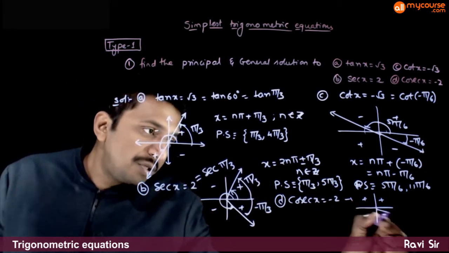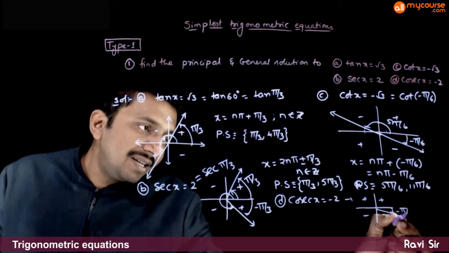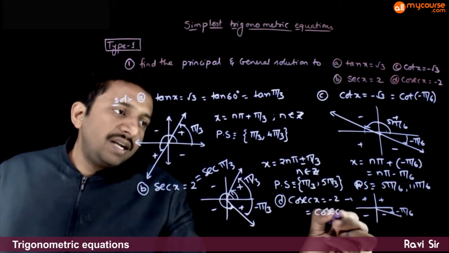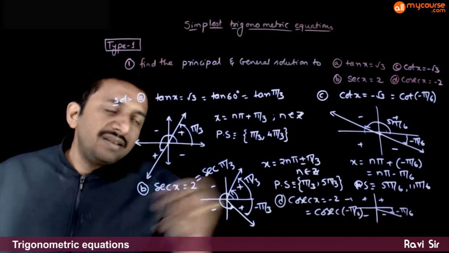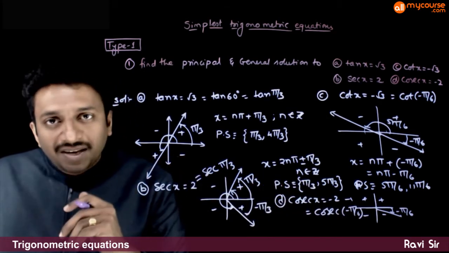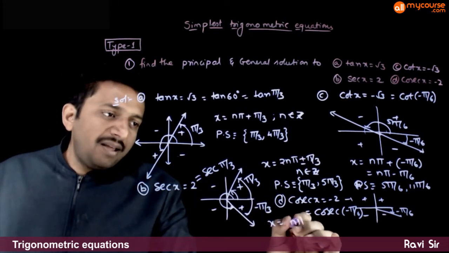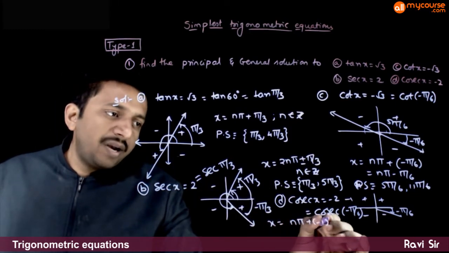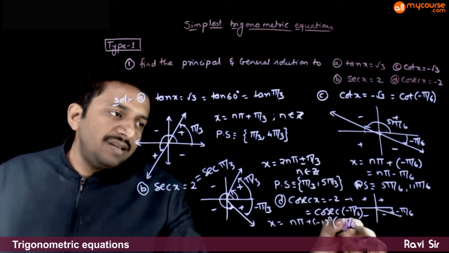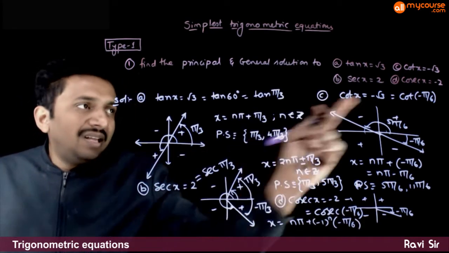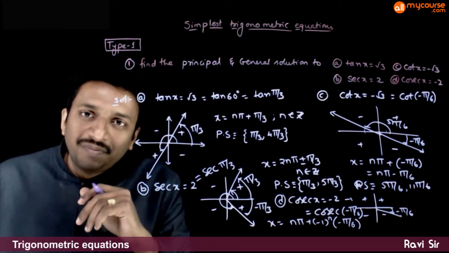So minus 1 by 2 should correspond to minus 30 degrees, minus pi by 6. So minus 2 can be written as cosecant of minus pi by 6. So cosecant x is equal to cosecant minus pi by 6. So x is equal to n pi plus minus 1 whole power n times minus pi by 6. So this will be the general solution to this equation, cosecant x is equal to minus 2.